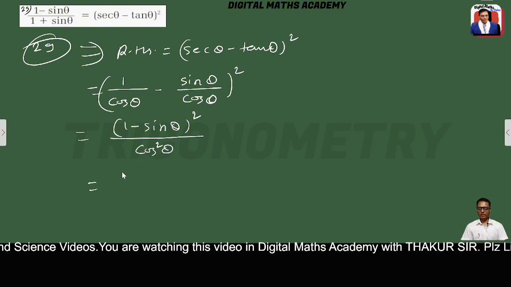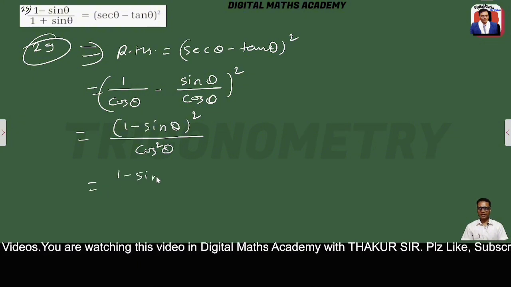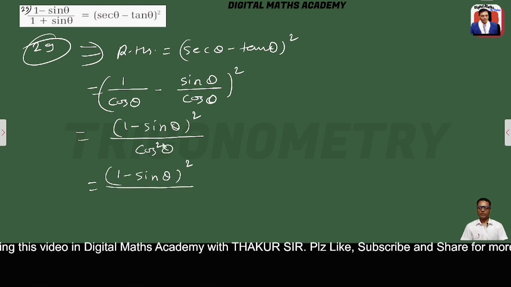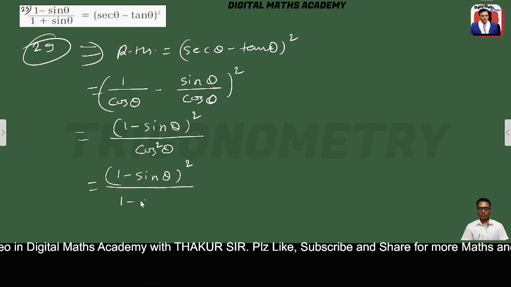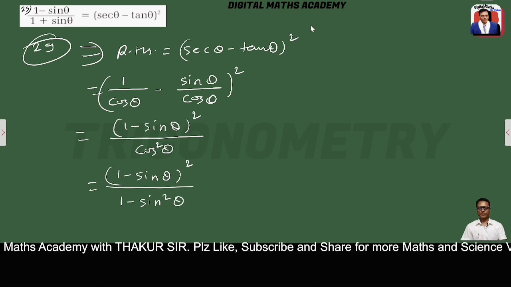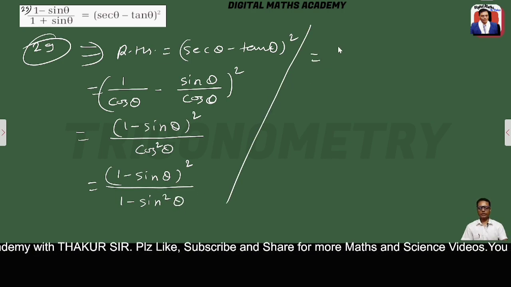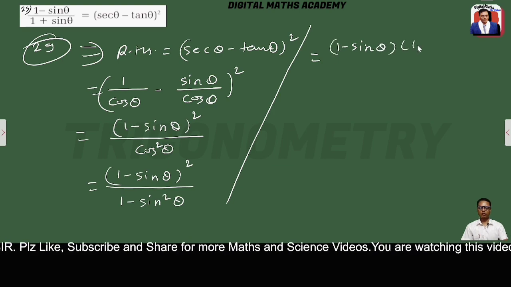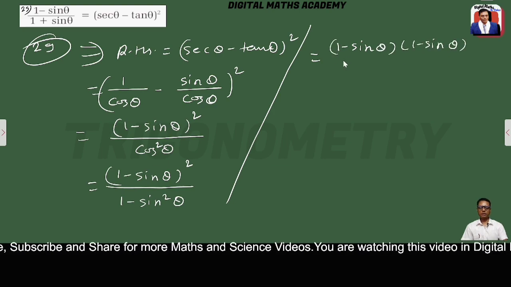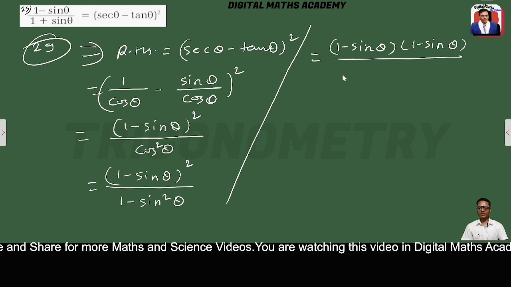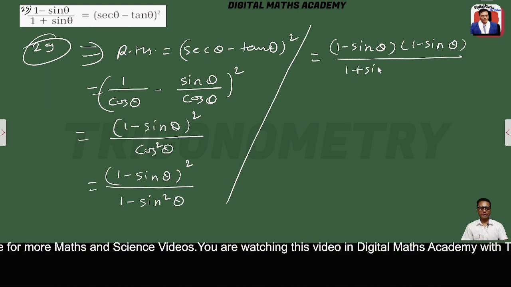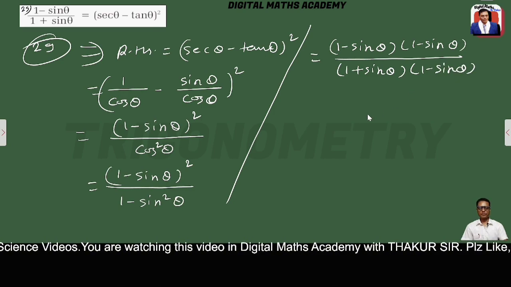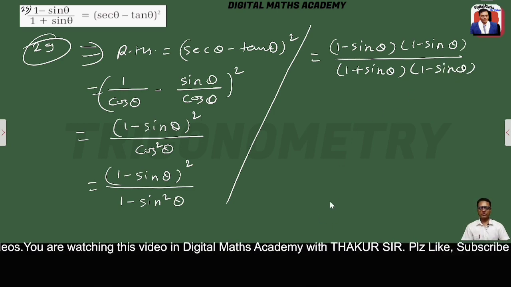Now (1 minus sin theta) whole square equals (1 minus sin theta) whole square, right? We are not going to apply the minus whole square formula here, and cos square theta equals 1 minus sin square theta. So at the numerator we write two factors, (1 minus sin theta) into (1 minus sin theta), and 1 minus sin square theta equals (1 plus sin theta) into (1 minus sin theta), because a square minus b square equals (a plus b) into (a minus b).